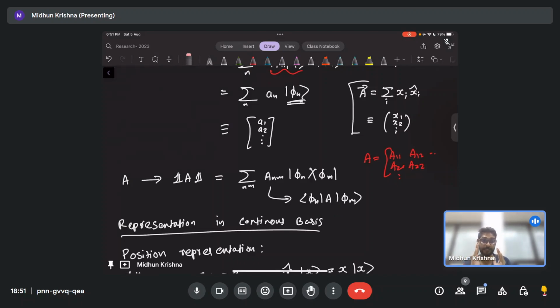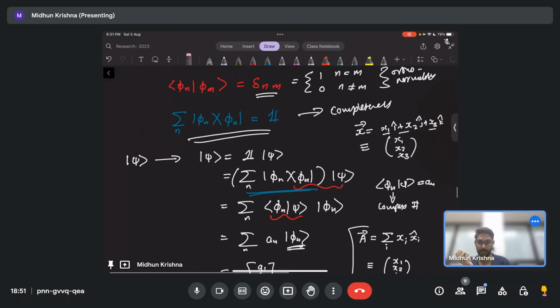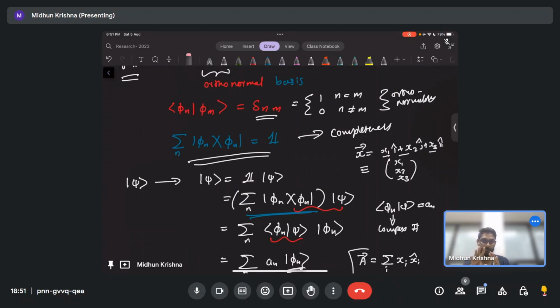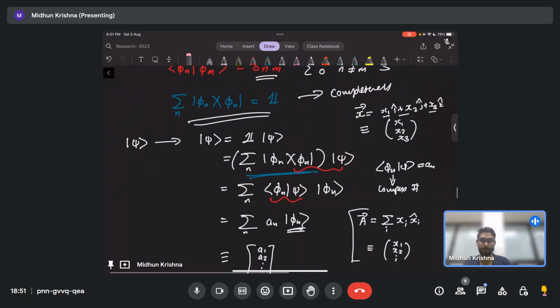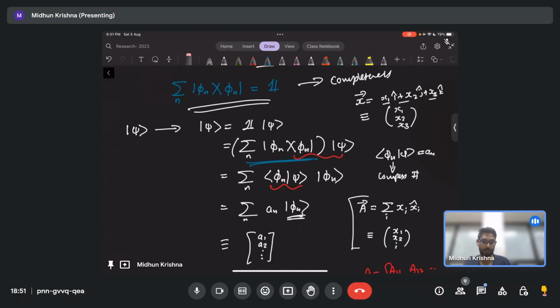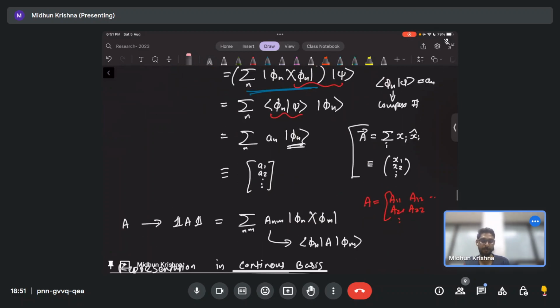Once I've fixed a basis, and this is very important, all this is in this basis phi n. There could be several motivations for choosing it, but once I've fixed a basis, I can represent my state as column vectors or in the expanded form, and the operators as matrices.